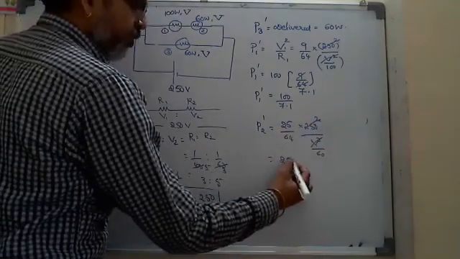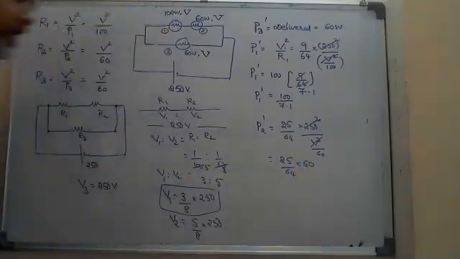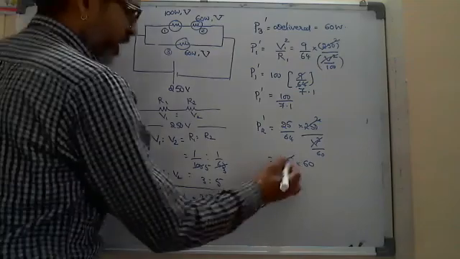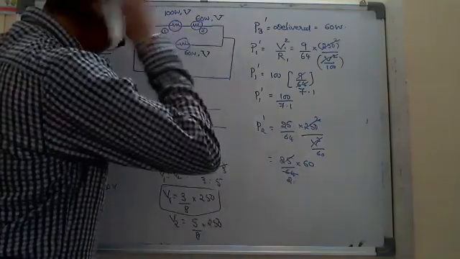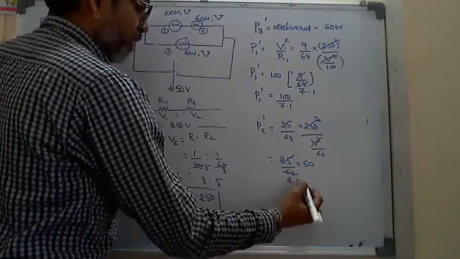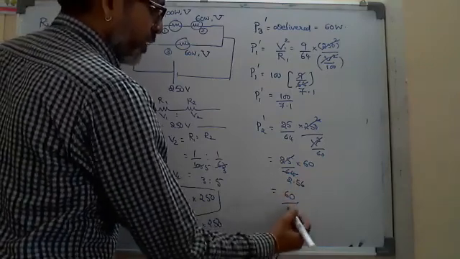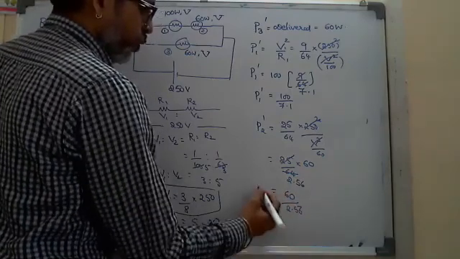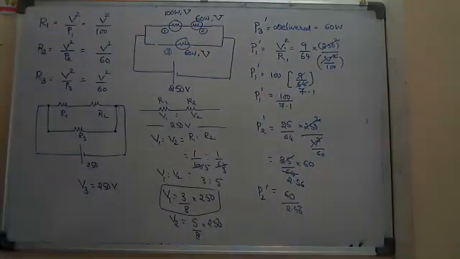That is 25 by 64 into 60. This is approximately, 25 2s are 50, 25 5s are 125, till 150, that is 2.56. This is 60 by 2.56. P2 dash.